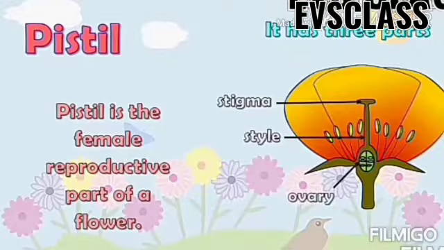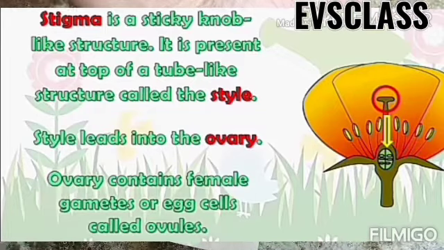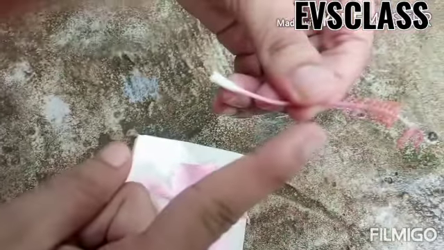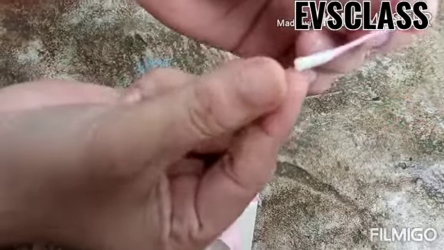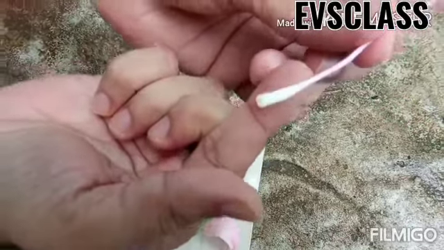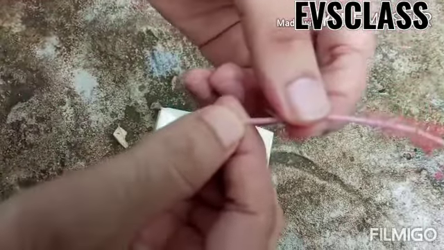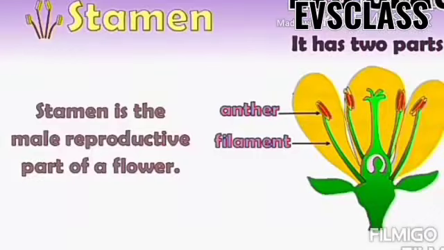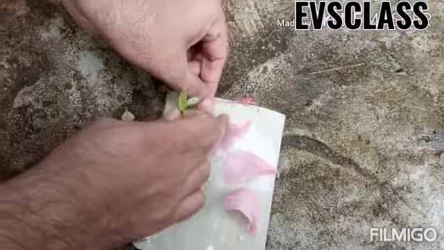Now the pistil. The pistil is the female reproductive part of a flower. It has three parts: stigma, style, and ovary. Please watch. You see the long tube-like structure called the style, and the yellow color is the anthers of the male part of the flower.